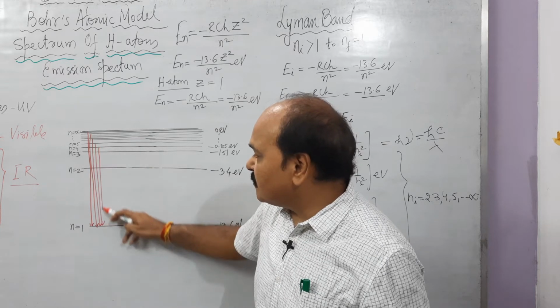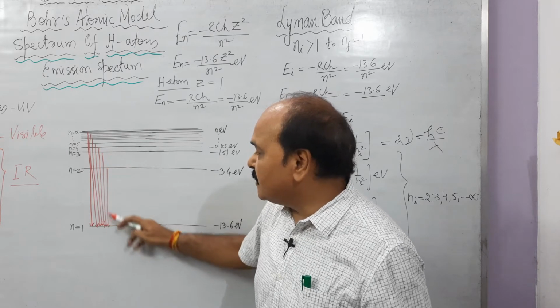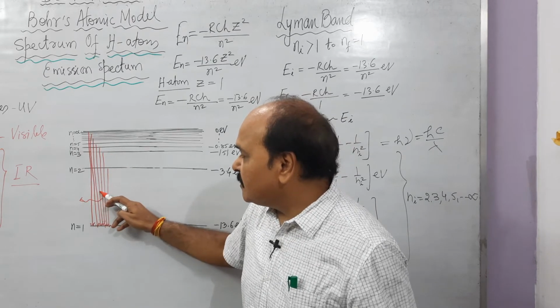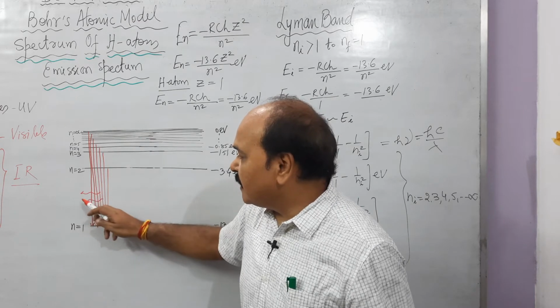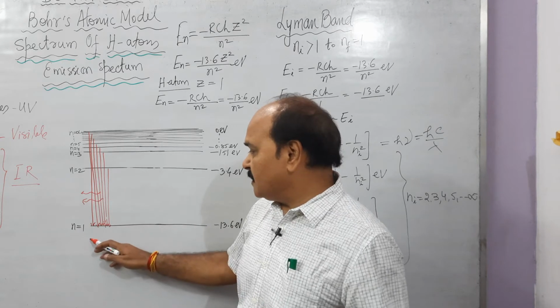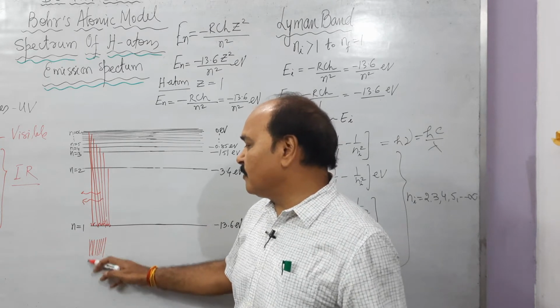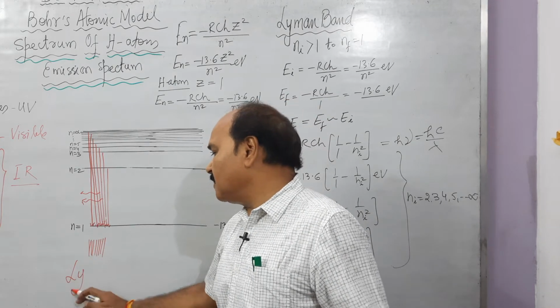If the transition of electrons takes place from any excited states to the ground state, then the wavelength, energy or the radiations which are emitted lie very close to each other, and they give the look of a band. And what do we call this band? We call this the Lyman band.